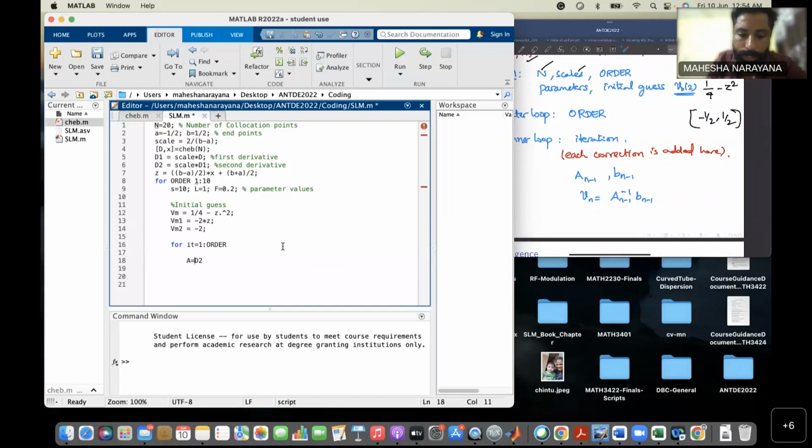So what is AN minus 1? Diag of, what should be written here? Let's go back and see.